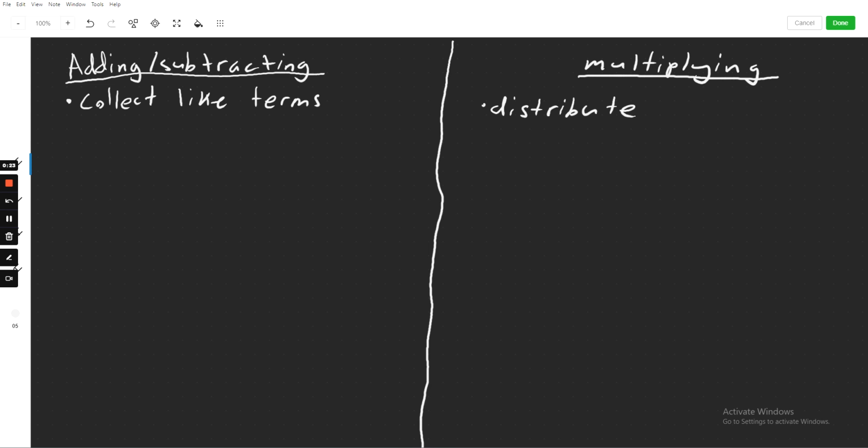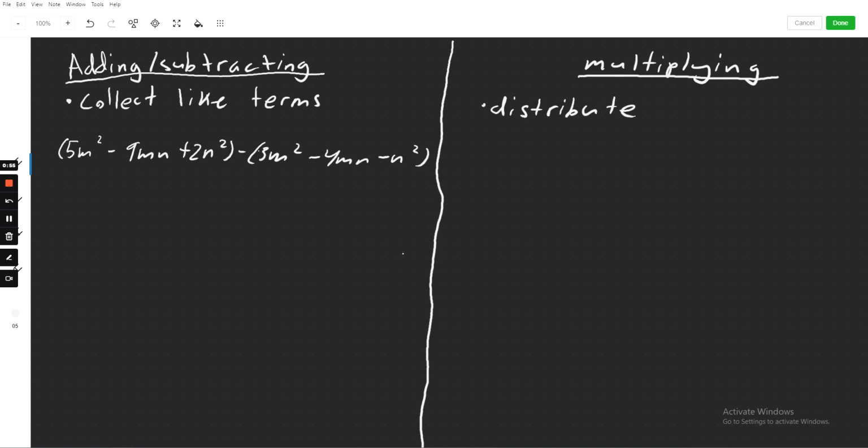So for example, if we were to subtract this polynomial: 5m squared minus 9mn plus 2n squared, minus 3m squared minus 4mn minus n squared.